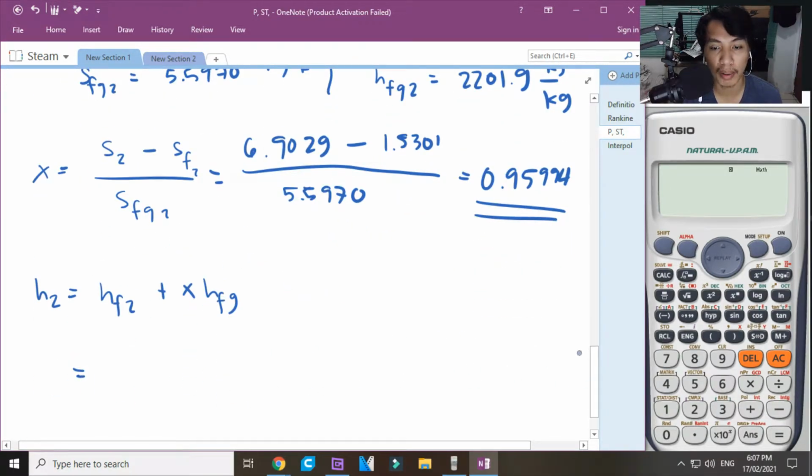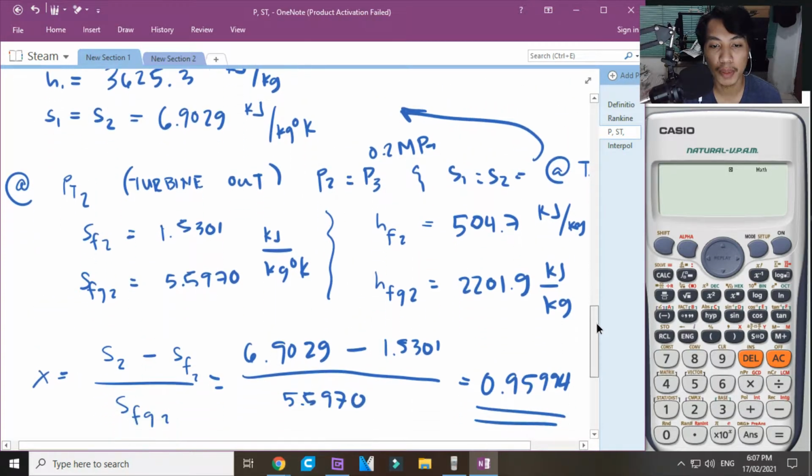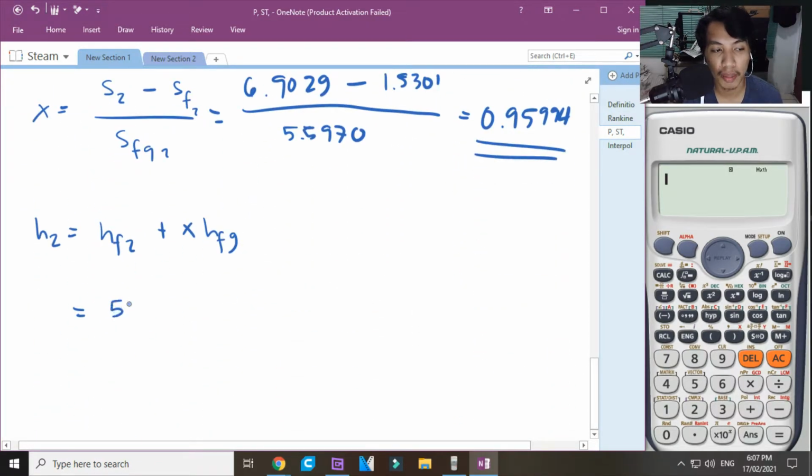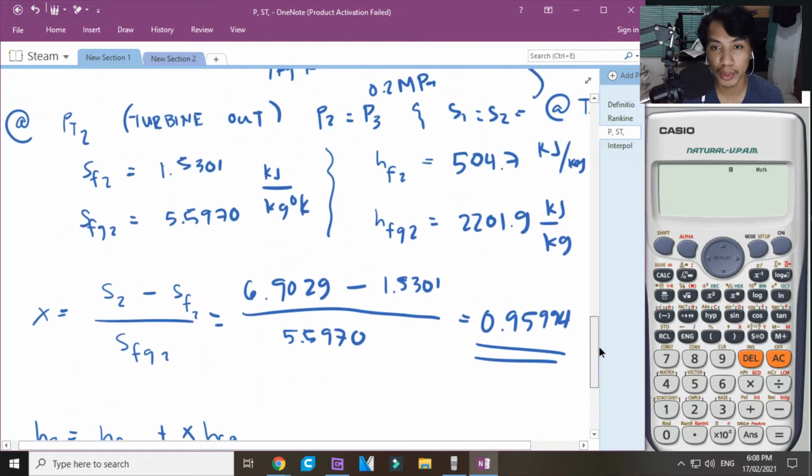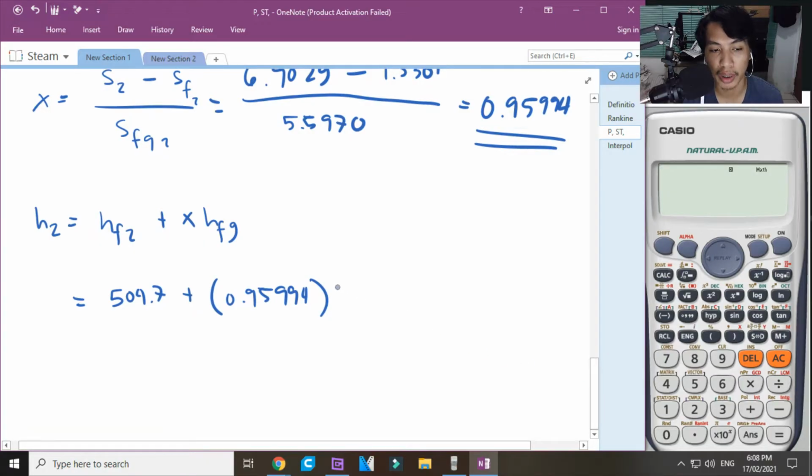HF2, saan mo nakuha? Ayun, 504.7 plus yung X, 0.95994 multiplied to HFG, 2201.9.